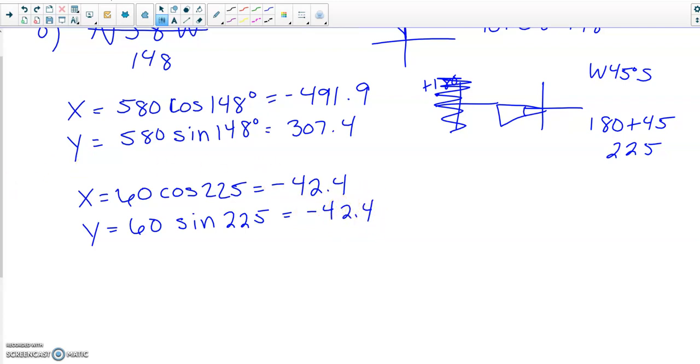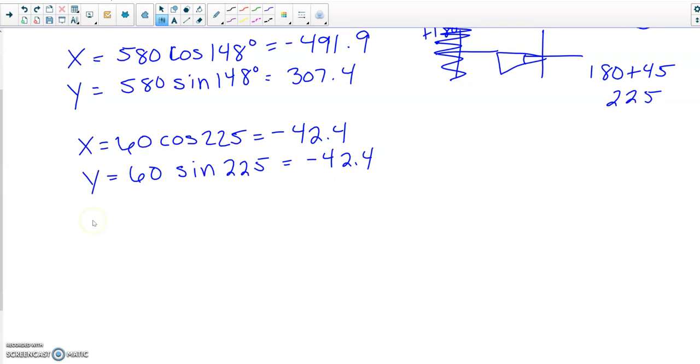Okay, so now we're going to add our x's. Negative 491.9 plus a negative 42.4.